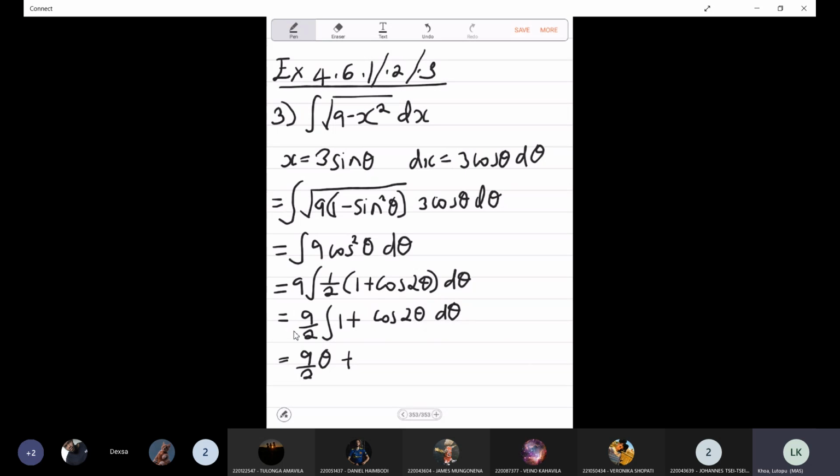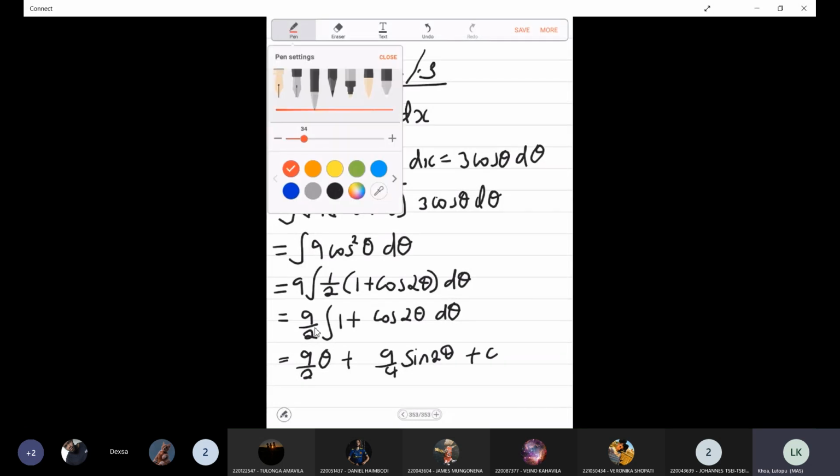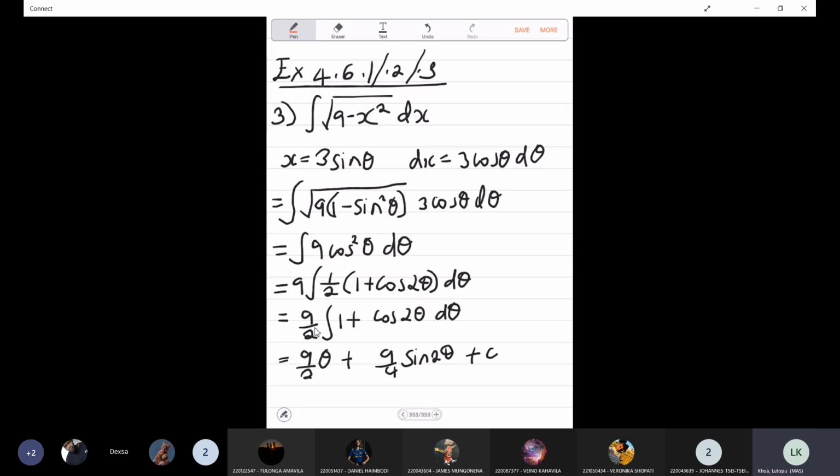Then you multiply by this 9 over 2, so you'll have 9 over 4 sine 2 theta plus your constant of integration. Then our substitutions, so that we rewrite it in terms of x. So here we say that x is 3 sine theta, so it means that theta is sine inverse of x over 3.